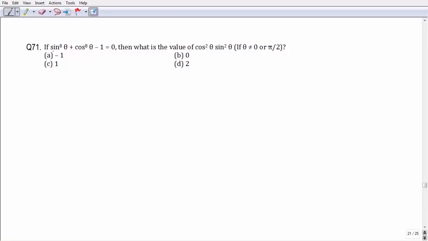It says that in the given equation we have to find out the value of cos square theta into sine square theta. Now we know one fact that sine square theta plus cos square theta is always equal to 1.